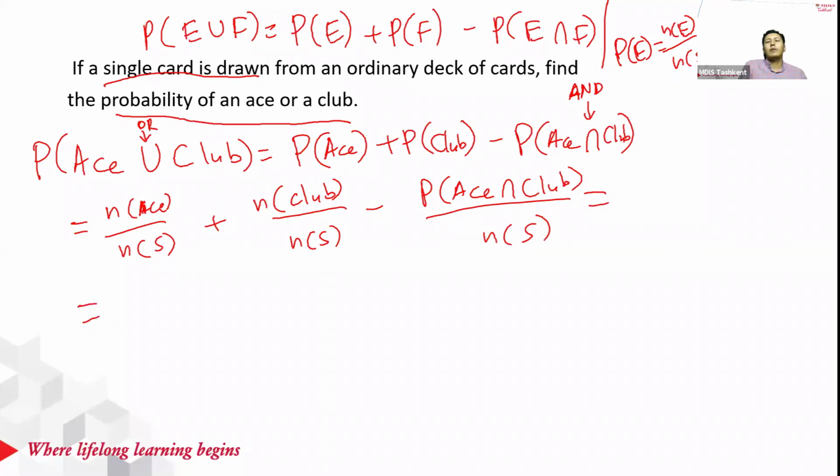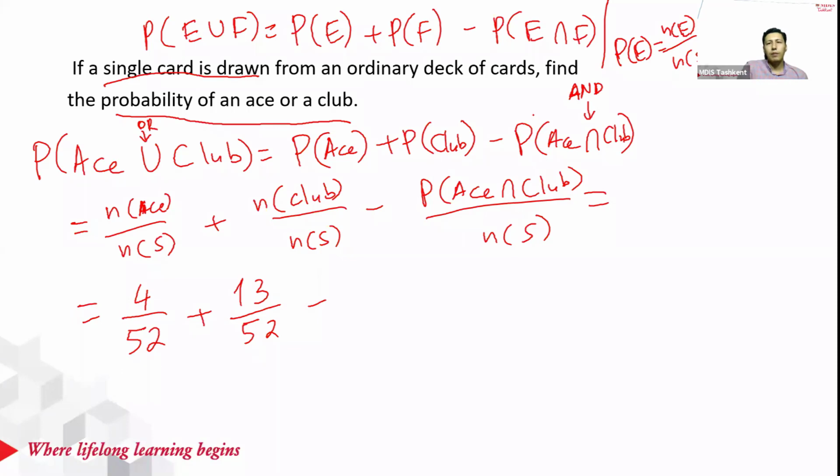Ace: how many aces do we have? 4 out of 52 cards. Clubs: how many clubs do we have? 13 out of 52.